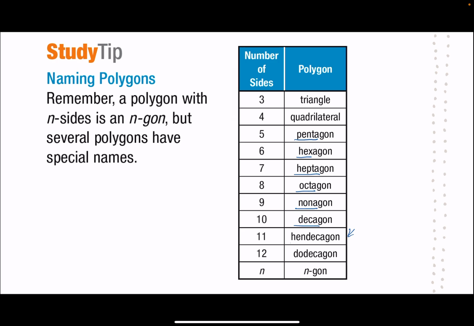Most people don't use this. There are just all sorts of different ones. There's dodecagon, there's duodecagon, which means it's 20-gon. But after 12, typically we just say a 13-gon or a 14-gon.